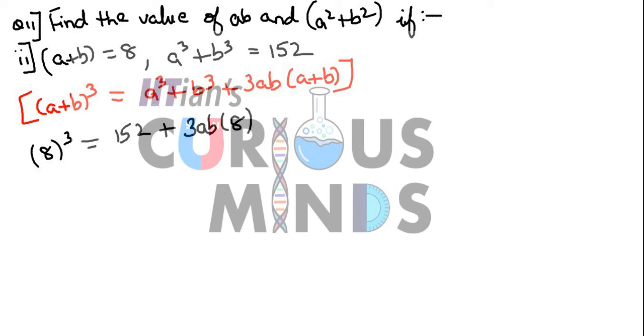The value of 8 cube is 512, which is equal to 152 plus 24AB.